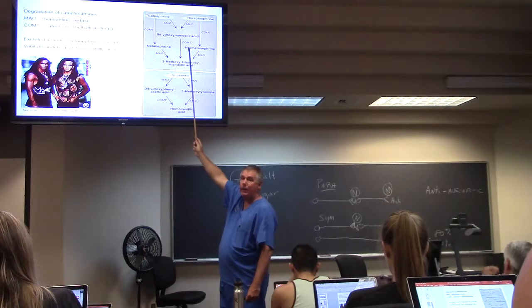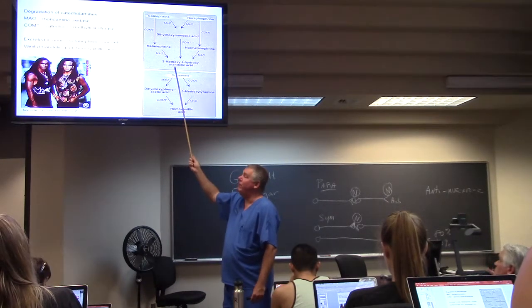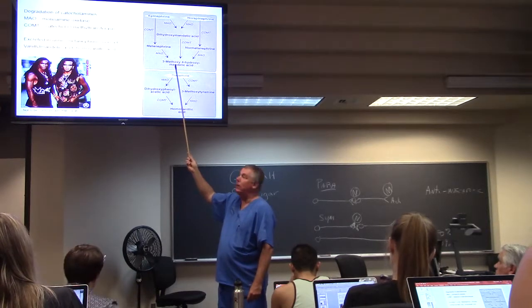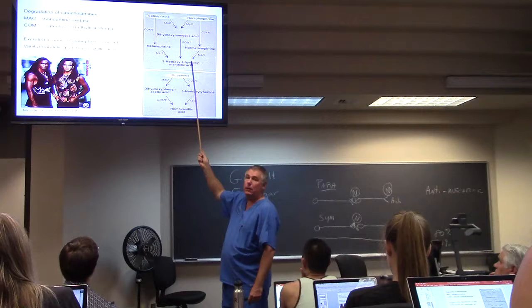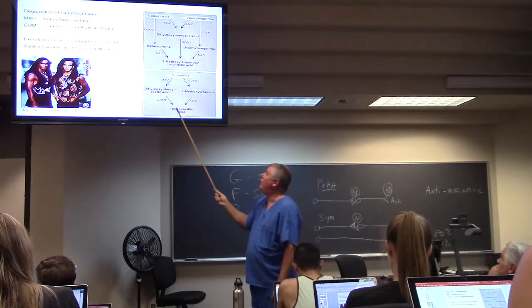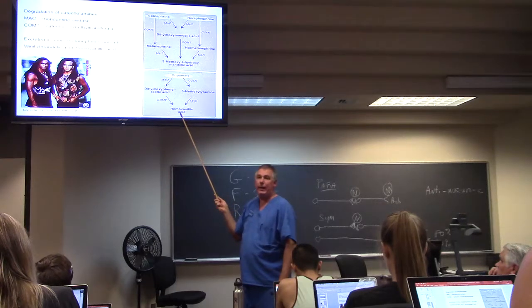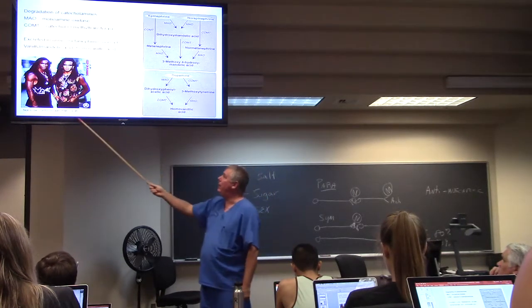Those are further acted upon by the same enzymes into what is called vanillylmandelic acid. This right here is vanillylmandelic acid. Dopamine has a similar pathway into homovanillic acid, to be distinguished from Milli Vanilli.